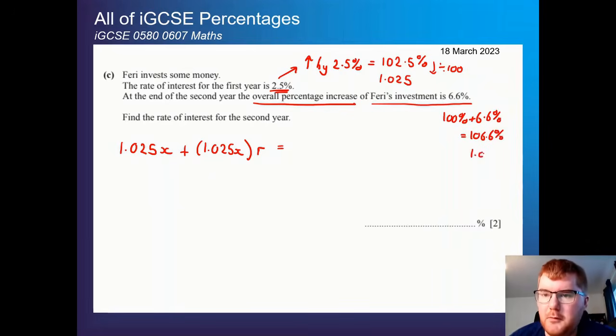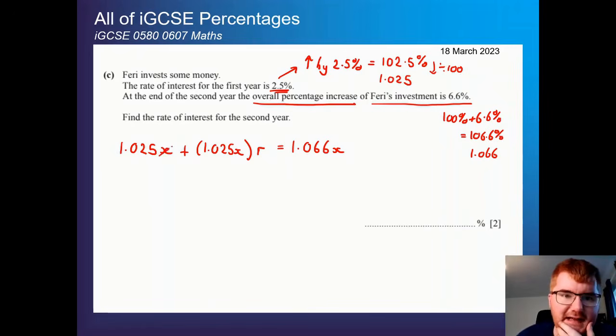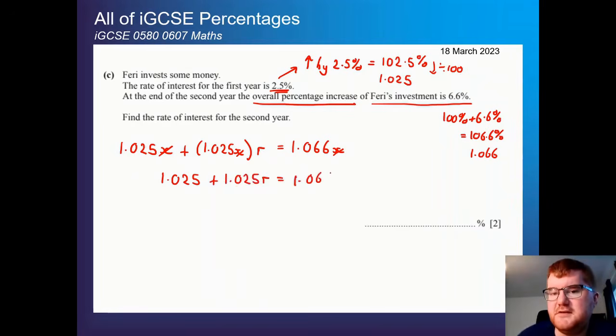And that gives me 1.066x, so of the original amount of money. Now notice we've got an x in everything here, which is very useful, so we can cancel through. That gives me then just an equation to solve here, which is 1.025 plus 1.025r is equal to 1.066.